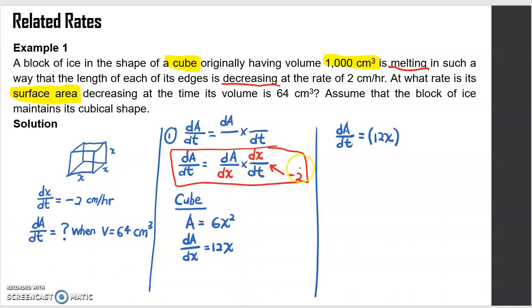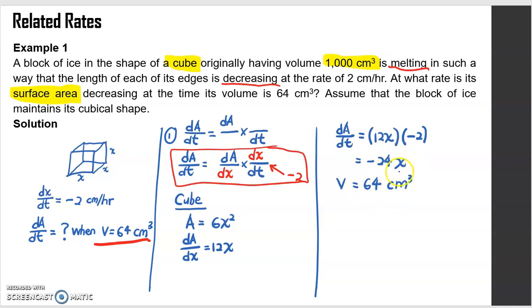Our dx over dt is negative 2, so 12x times negative 2 becomes negative 24x. Next step, when the volume is equal to 64 cm cubed.